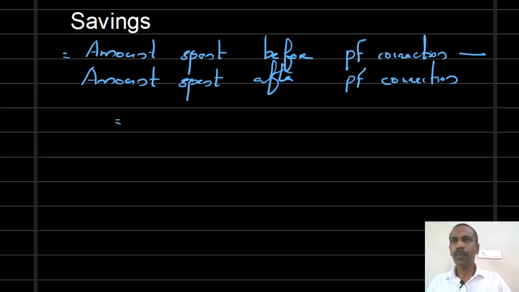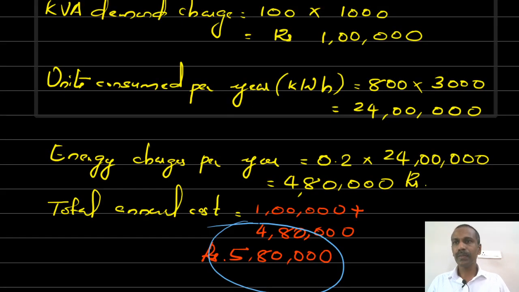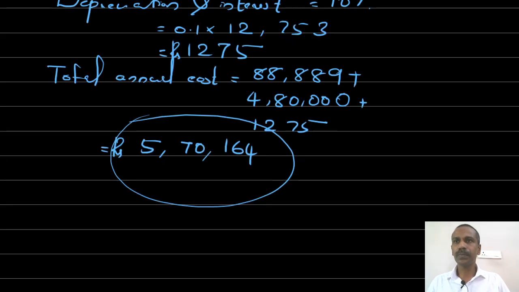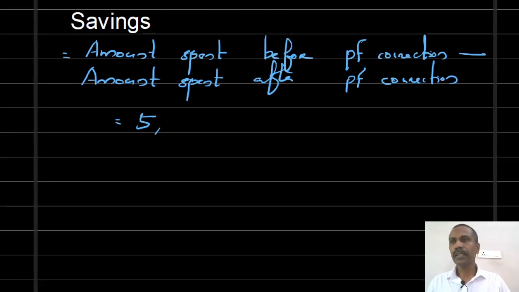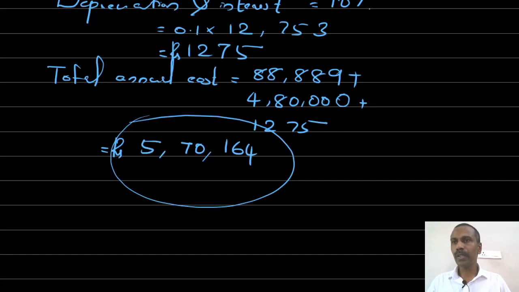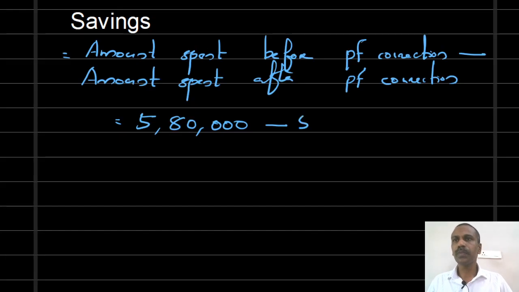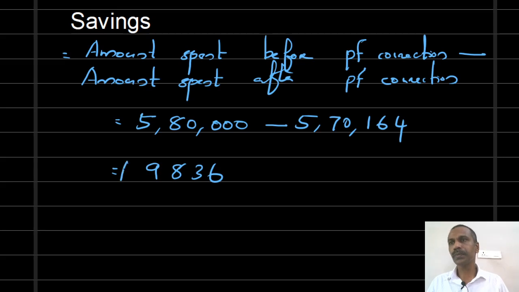So this is equal to, what is the amount before correction? 5,80,000 minus, what is the amount spent after correction, after connecting the capacitor bank? 5,70,164. So there is a saving of 9,836 rupees. Even though we spend a certain amount towards the capacitor bank, we have this much savings.